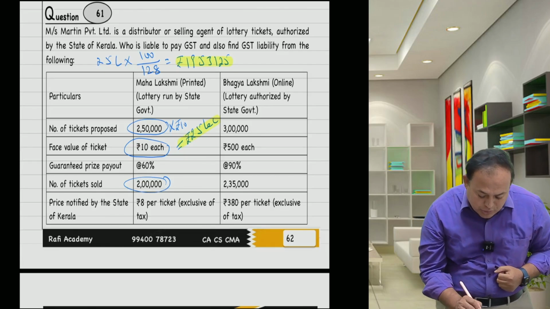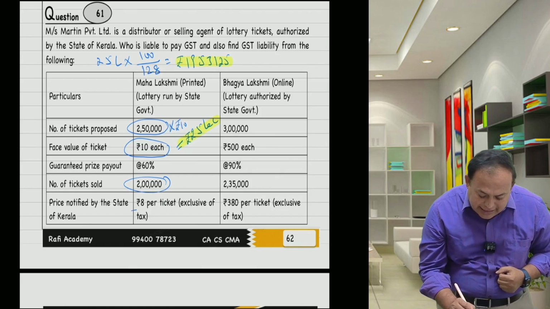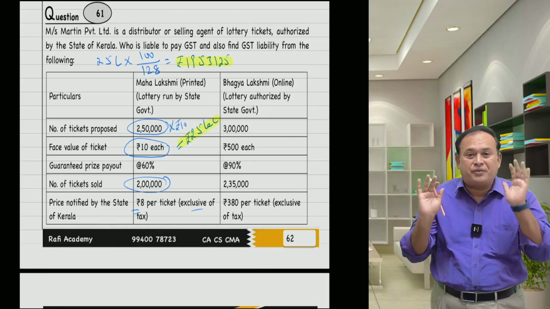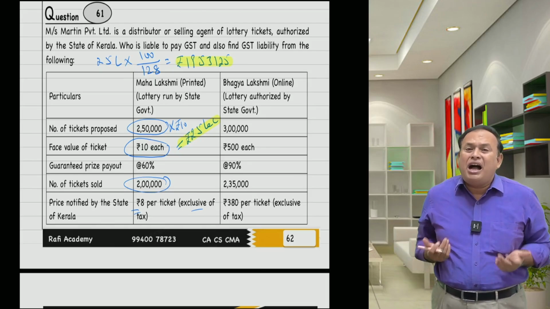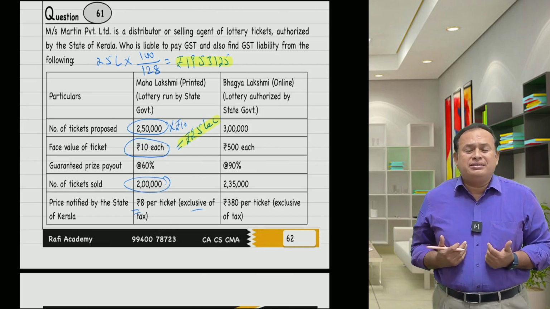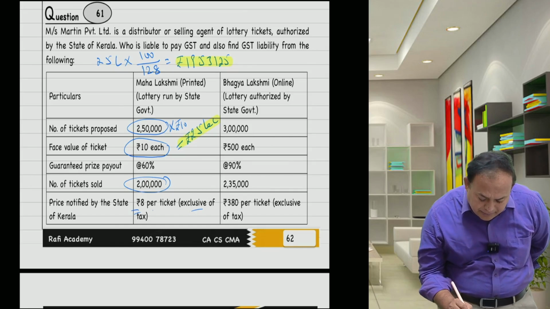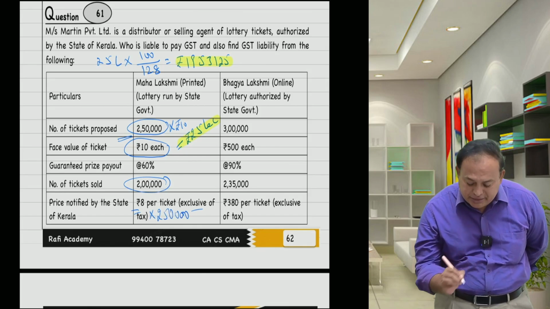Then coming to the price notified, 8 rupees per ticket. They said exclusive of tax. Notified itself is exclusive of tax. The problem says exclusive of tax. I should not again eliminate the GST. So 8 rupees multiplied by the number of tickets proposed, namely 2,50,000, because it is an offline ticket.